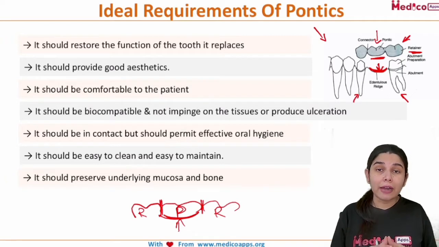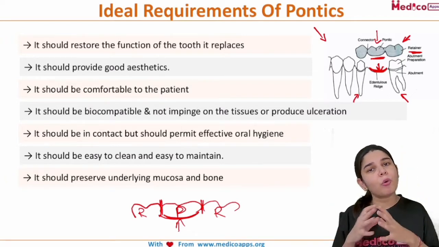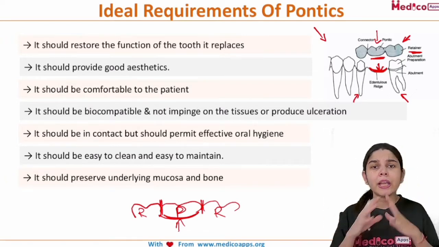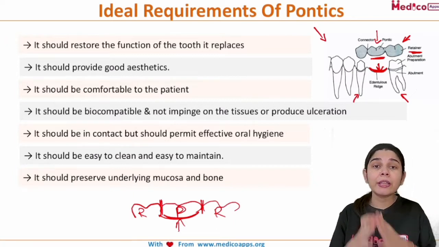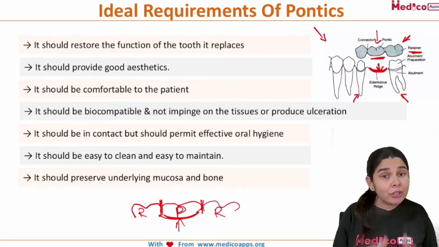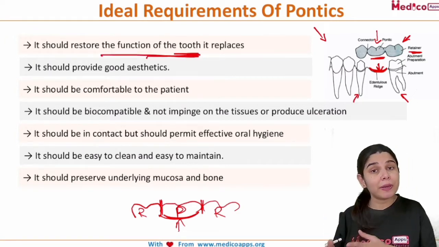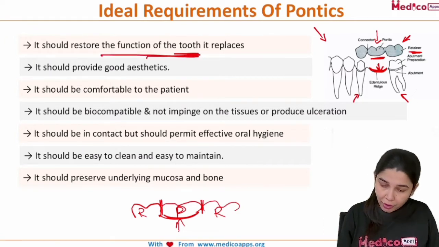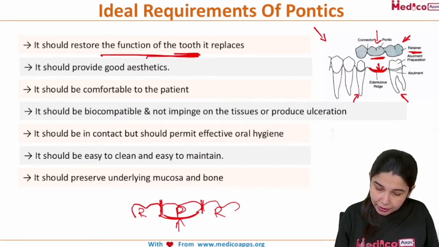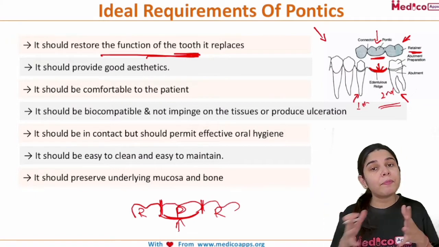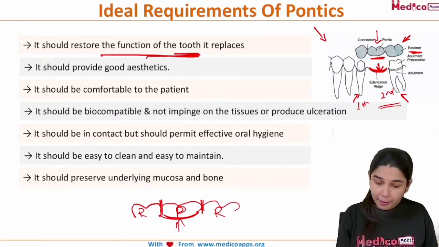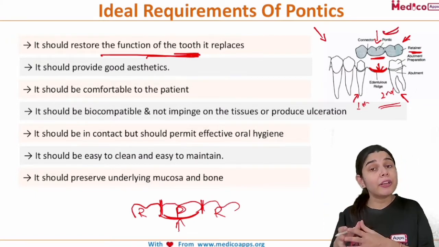But it is not only refilling the space, it has to even restore the function of the tooth being replaced. For example, if this is the first premolar and this is the second premolar, the function of the premolar should be fulfilled by this Pontic which we are giving to the patient.